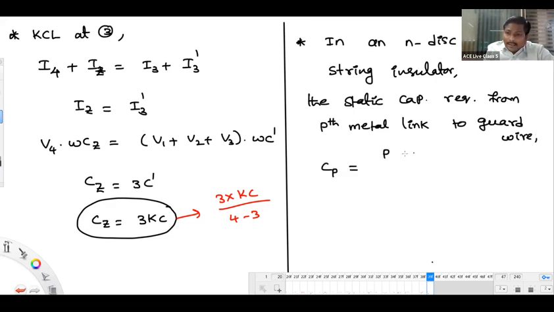P is the metal link number into Kc by N minus P, where N is the number of discs and P is the metal link. So this is the way of getting the static capacitance existing from the pth metal link to the guard. Getting this?